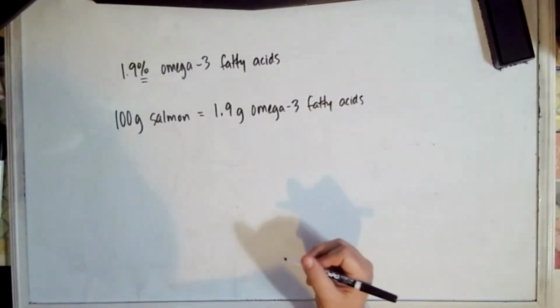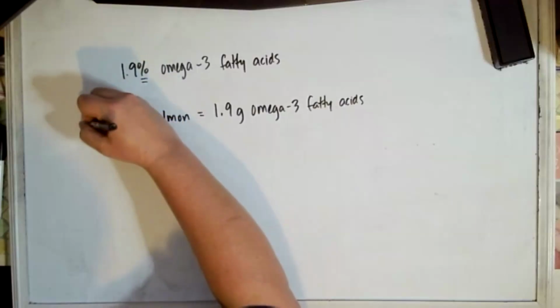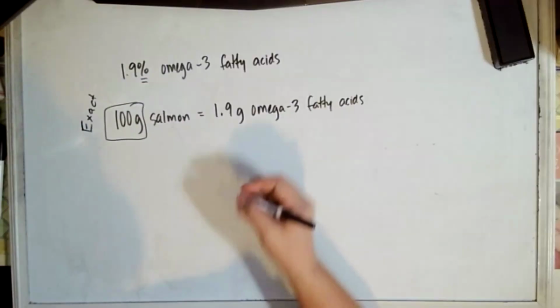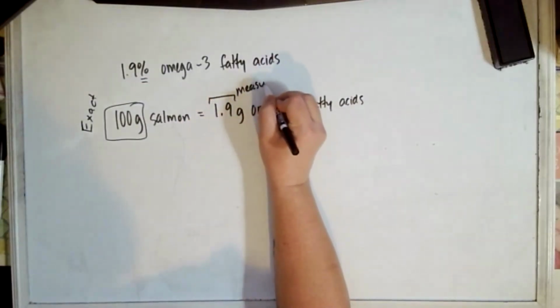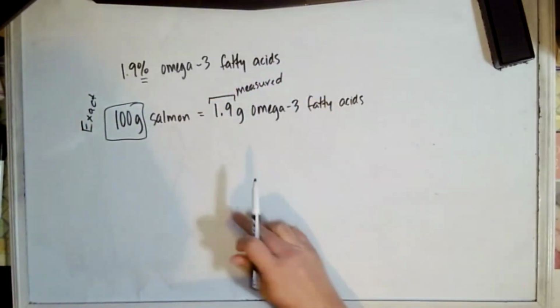In these values, the 100 grams is exact because that's the definition of a percent. And the 1.9 is measured, so this would have significant figures associated with it.